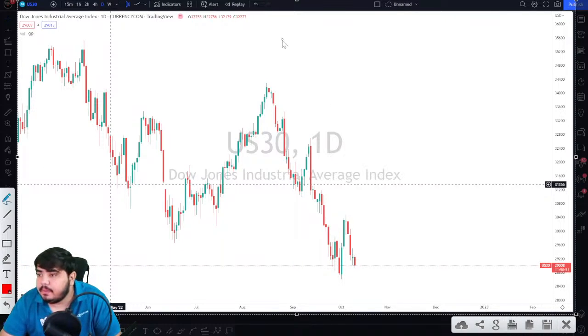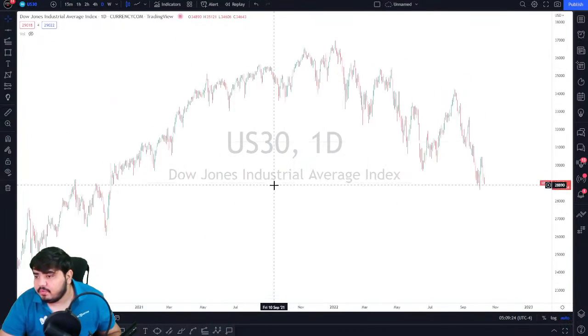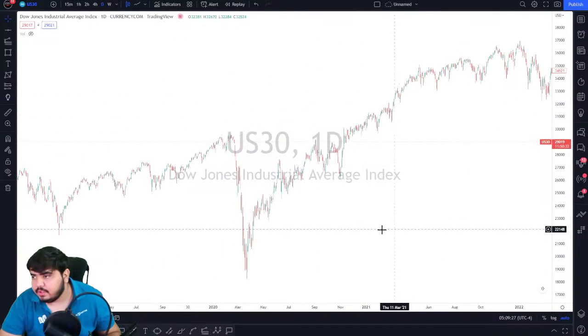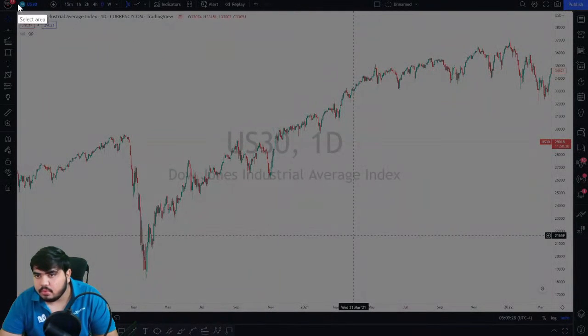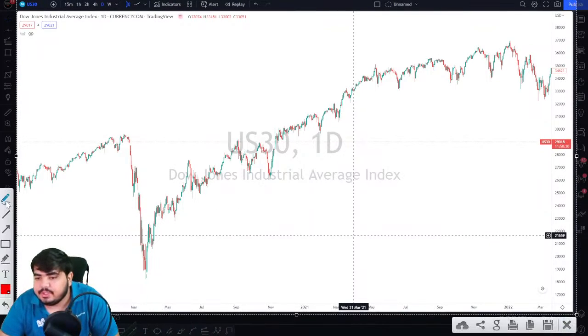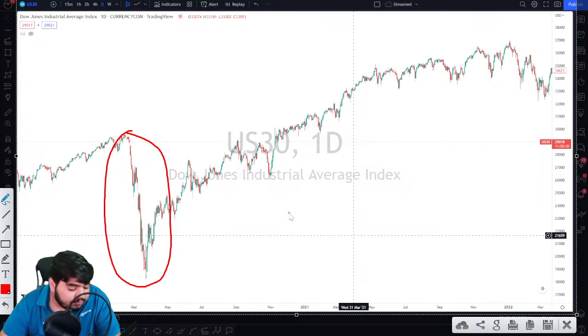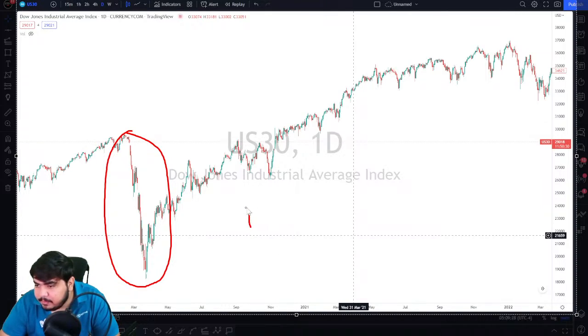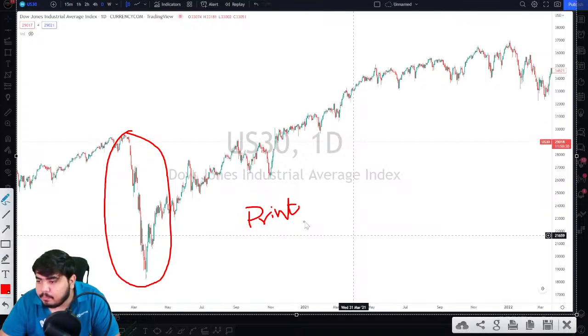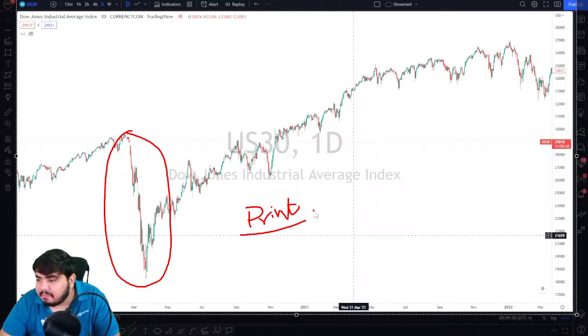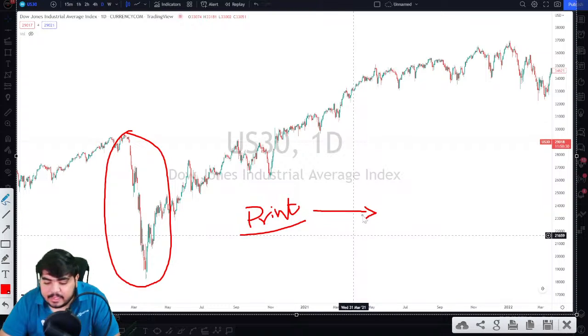Remember on the COVID, when we had this crash on the COVID, right after the crash, the central bank of the US started to print money, and they started to print dollars continuously, and with more printing of money, the underlying value of the asset remains the same.